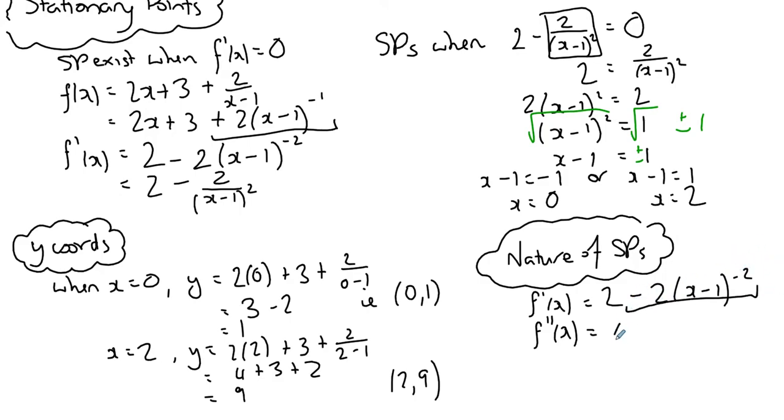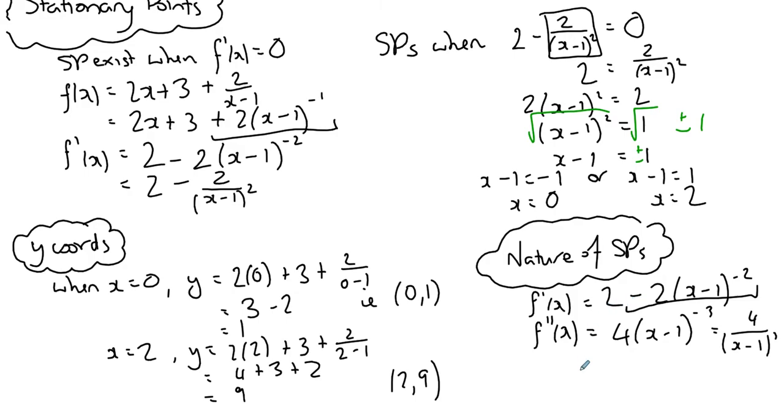Negative 2 times negative 2 is positive 4 times (x minus 1) to the power negative 3 multiplied by the coefficient of the x term, which is just 1, and so that's our function. Therefore, that looks like 4 over (x minus 1) cubed.